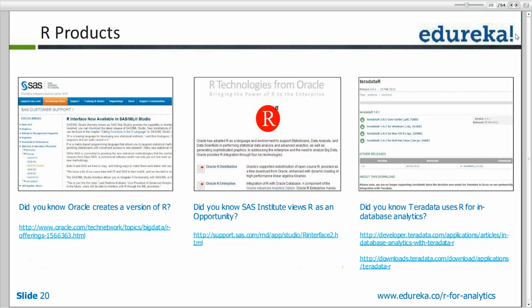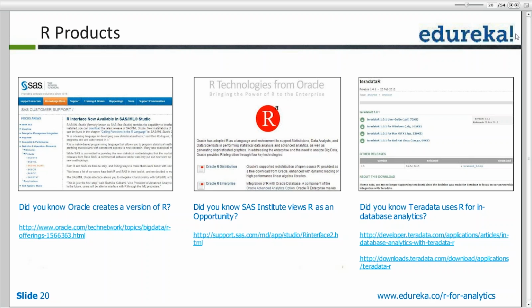Okay. Teradata offers what's called in-database analytics, and what it really means is that the R program that you have developed can be integrated into a Teradata appliance. Say if you have a Teradata appliance and you had to do analytics with the data in the Teradata database, you don't really have to move the data from the Teradata server onto a separate R server.